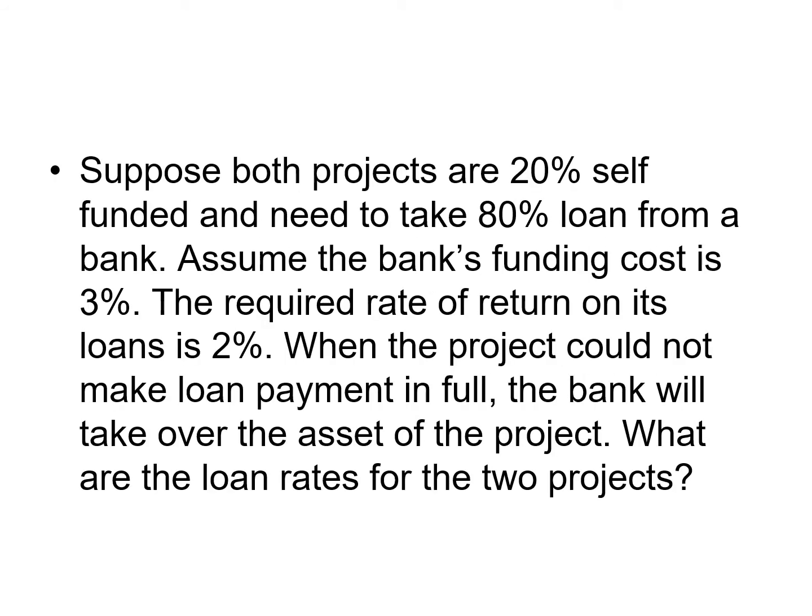Suppose both projects are 20% self-funded and need to take an 80% loan from a bank. Assume the bank's funding cost is 3%. The required rate of return on its loan is 2%. When the project could not make loan payment in full, the bank will take over the assets of the project. What are the loan rates for the two projects?